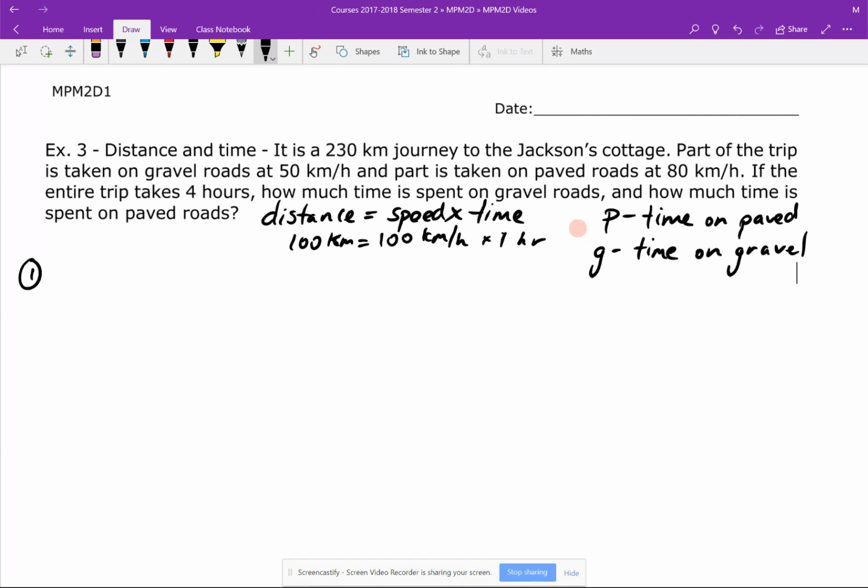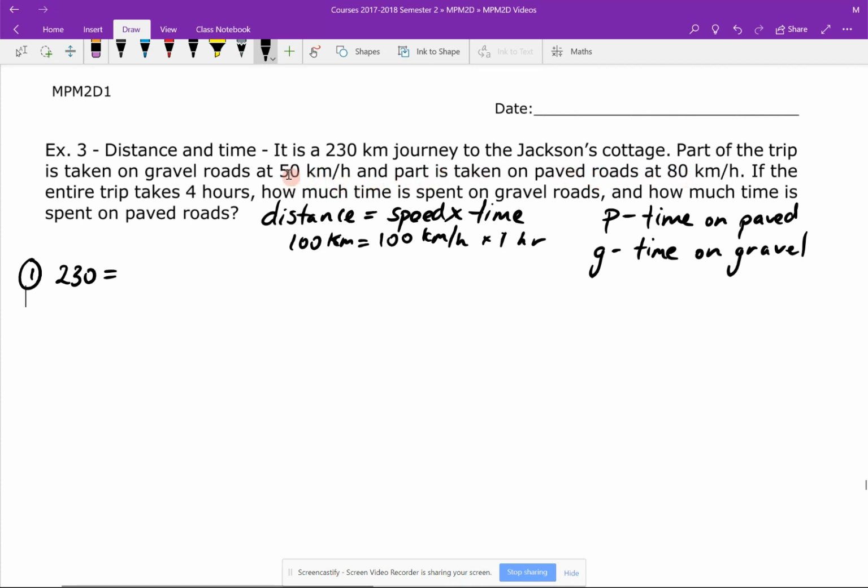So my first equation, let's talk about distance now. We've traveled 230 kilometers to get to Jackson's cottage, and part of it's on paved and part of it's on gravel. To get the distance on each, I need to know the speed and the time spent on that road. 50 kilometers per hour is my speed on gravel roads, and 80 kilometers per hour is my speed on paved roads.